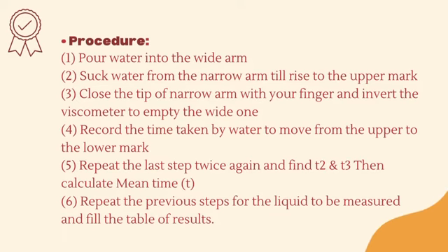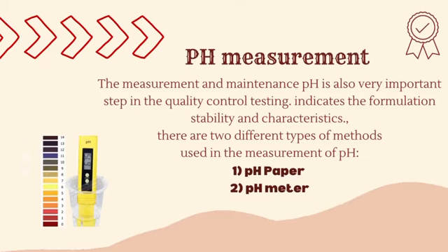Repeat the last step twice again and find time 2 and time 3. Then calculate the mean time. Repeat the previous steps for the liquid to be measured and fill the table of results.